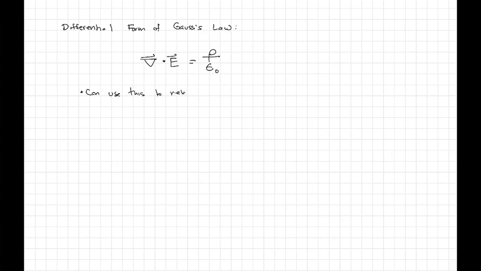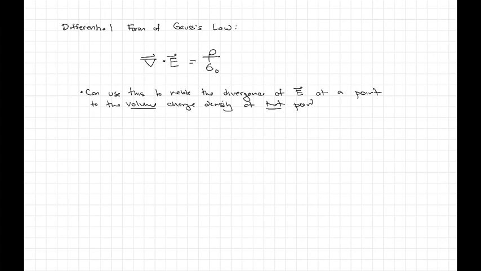So we can use this to relate the divergence of E at a point to the volume charge density at that point.